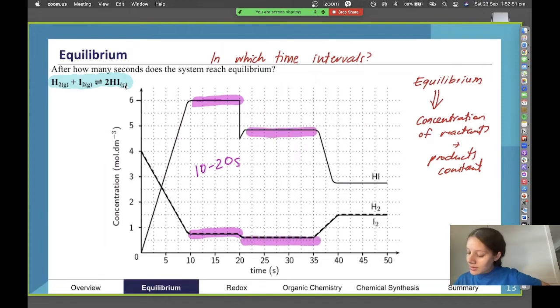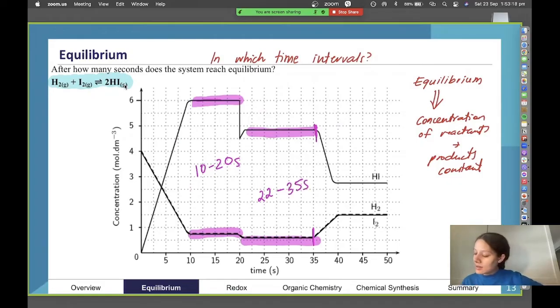We have another stretch there, from about maybe 21 or 22 seconds, roughly. Let's say 22 seconds, all the way up until it looks like 35. So this one stops being constant at 35, even though this one's slightly afterwards. So I'd say 35 seconds.